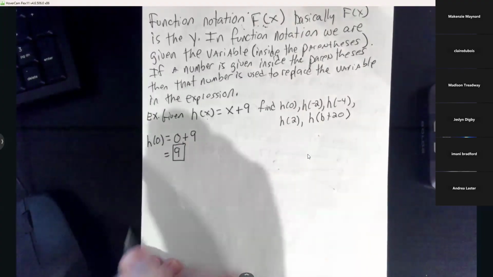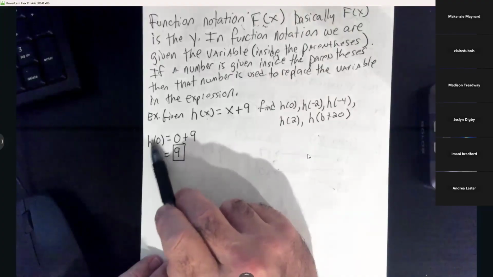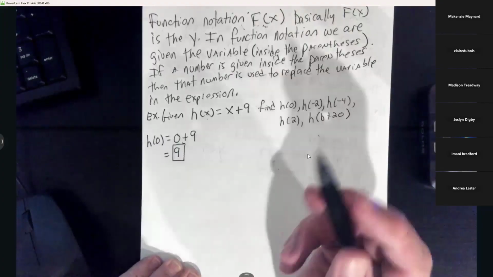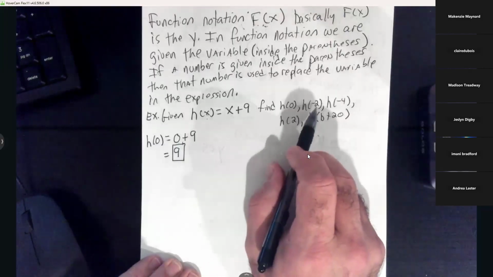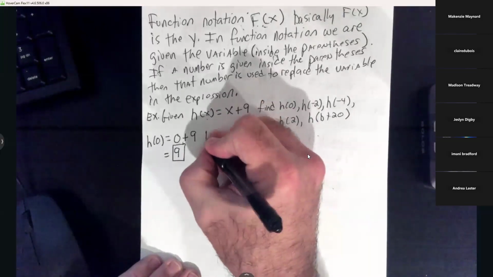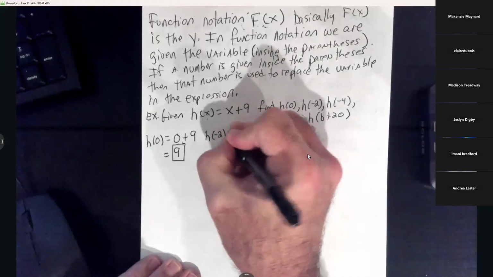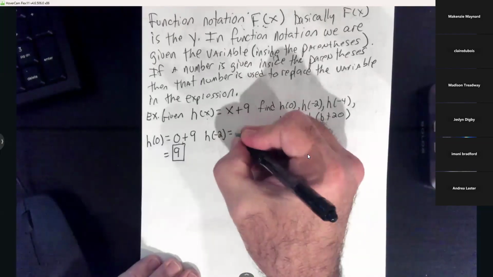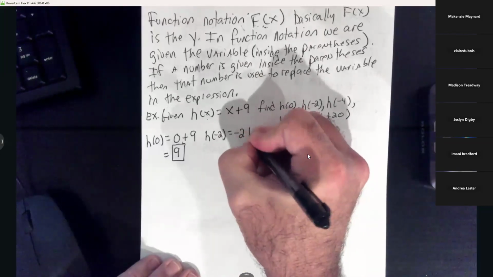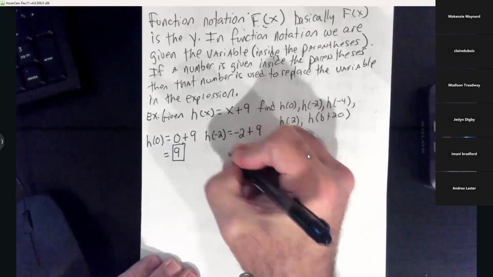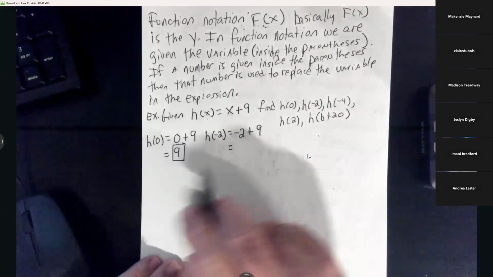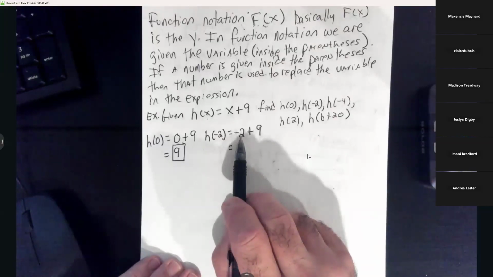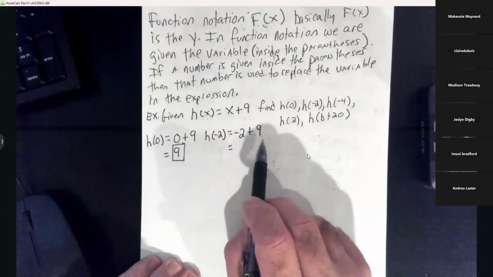We don't do anything with this side. They're just telling me that they're putting a 0 in for that x, okay? How about this one, h of negative 2. This time they want me to put a negative 2 in for the x. So I get negative 2 plus 9, which is a positive 7.